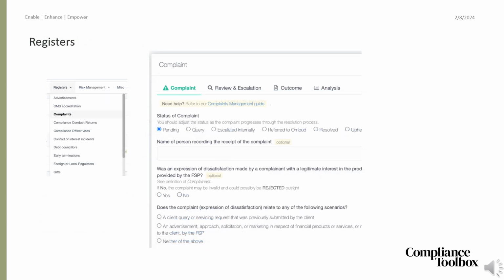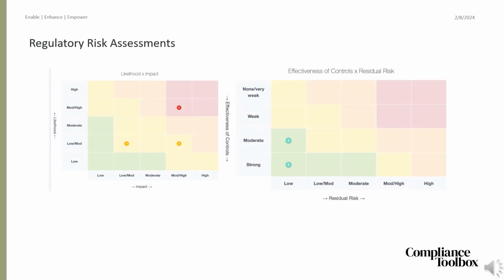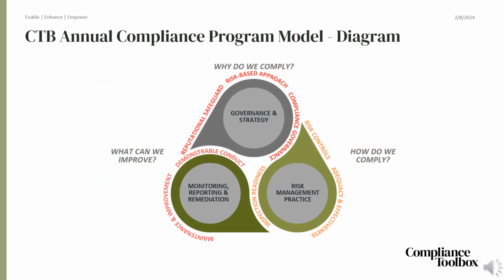Statutory and other registers maintain important records, all on a single platform. And the risk assessment tool is a valuable feature that simplifies the processing of risks to which the FSB is exposed.